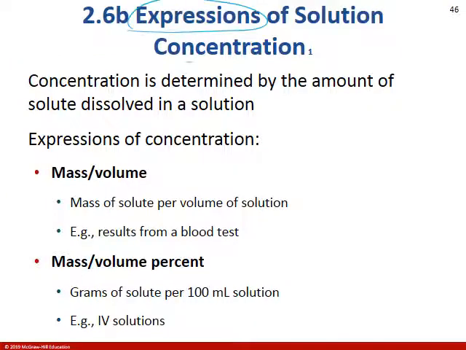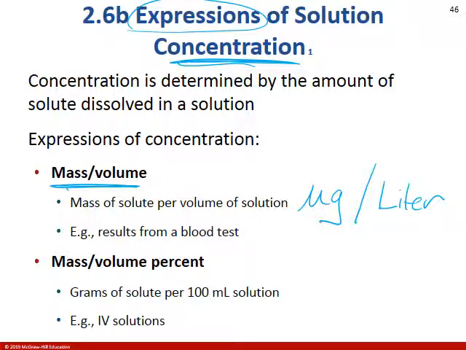Some expressions when we're talking about concentration. So you could have mass per volume. So you could have micrograms of a drug delivered per liter. That's micro. So this is mass of the drug that we're giving per volume.